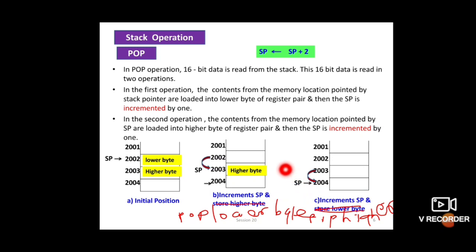So in the first and second operations, 2002 to 2004, means the stack pointer is incremented by 2.